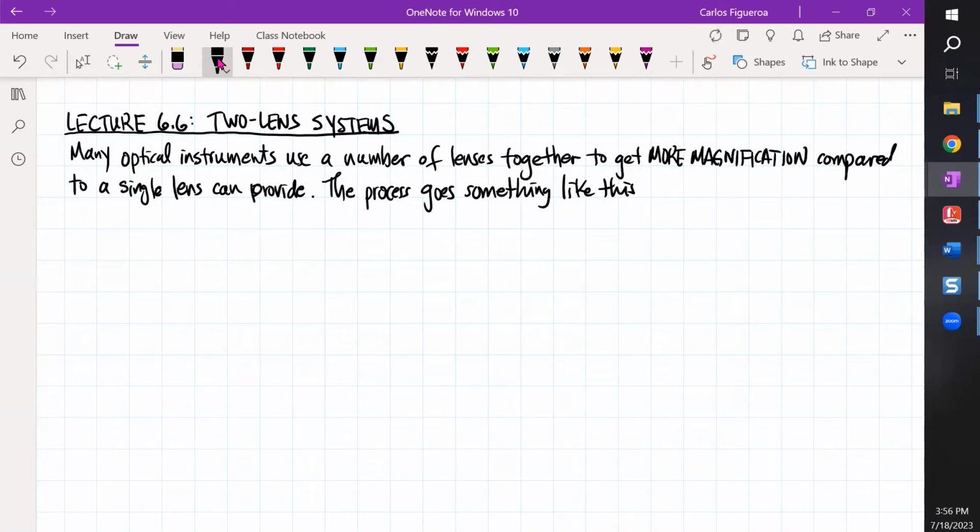So the first thing that happens is that lens 1 takes the object S1 and produces image S1 prime. It's a single lens.